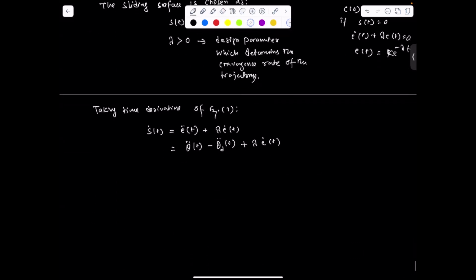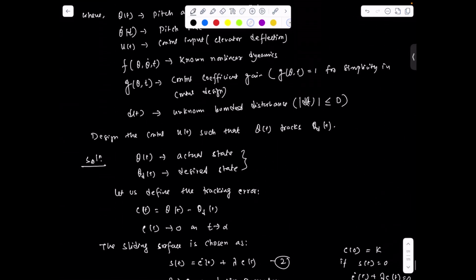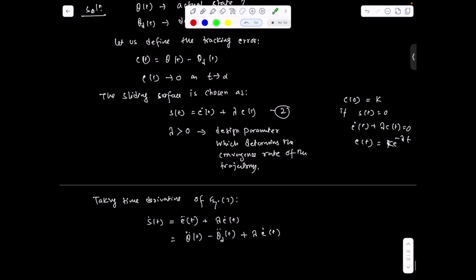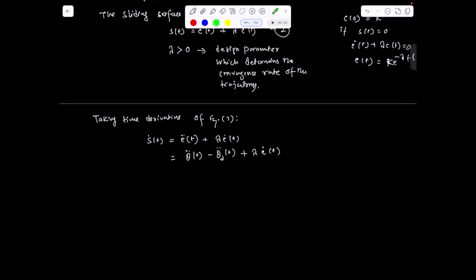And if you substitute in this equation the dynamic equation defined by equation 1, theta double dot t, we can write f(theta dot t) plus u of t plus d of t minus theta desired double dot t plus lambda e dot t.